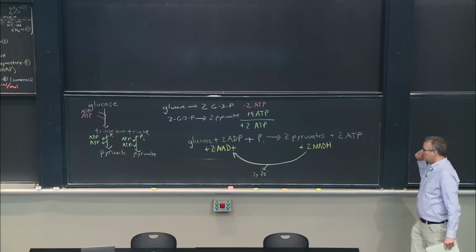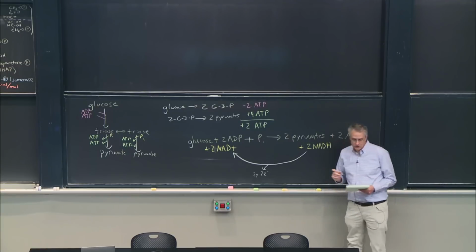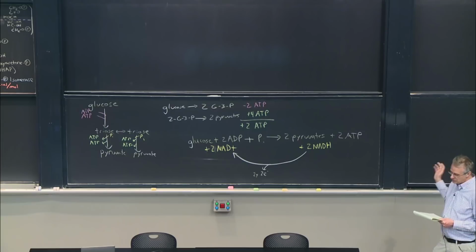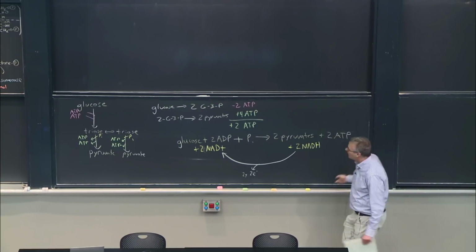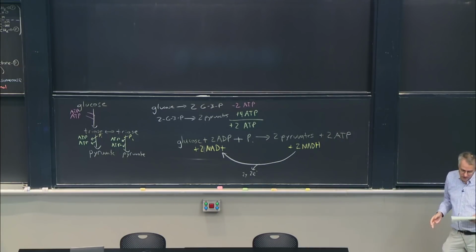Now, it should be clear that this has to happen stoichiometrically for every single glucose molecule that goes through glycolysis. That is, we have to regenerate 2 NAD pluses for every glucose that we're going to convert into 2 pyruvates.